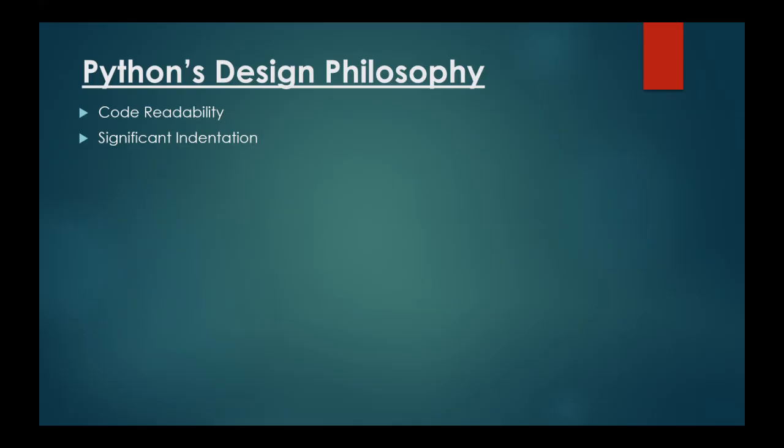So if I'm talking about indentation, basically in Python, we use white space indentation instead of curly braces to delimit blocks. You might have noticed, if you have worked on Java or any other language, we use curly braces to denote a programming block, right?